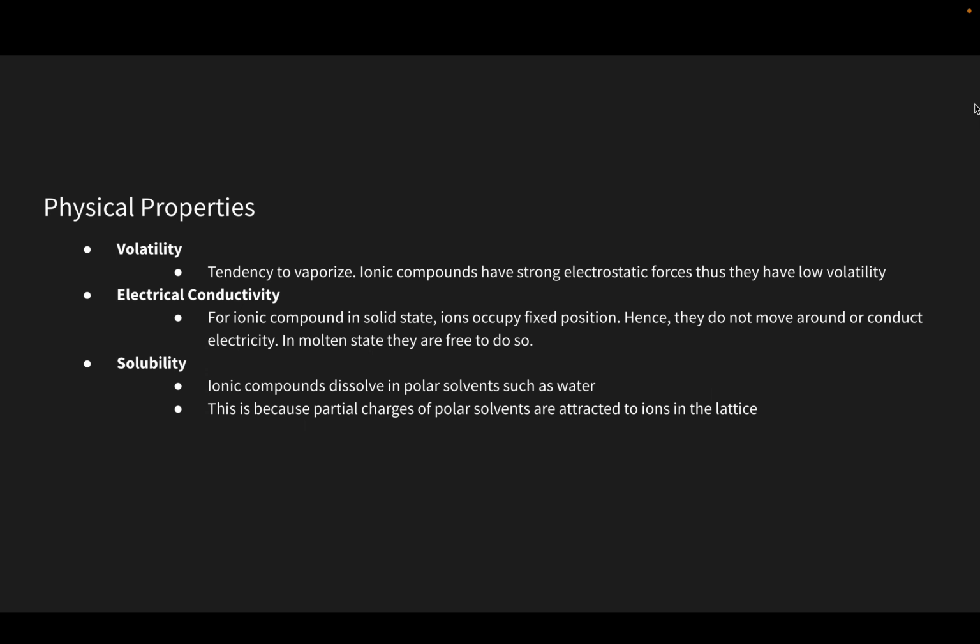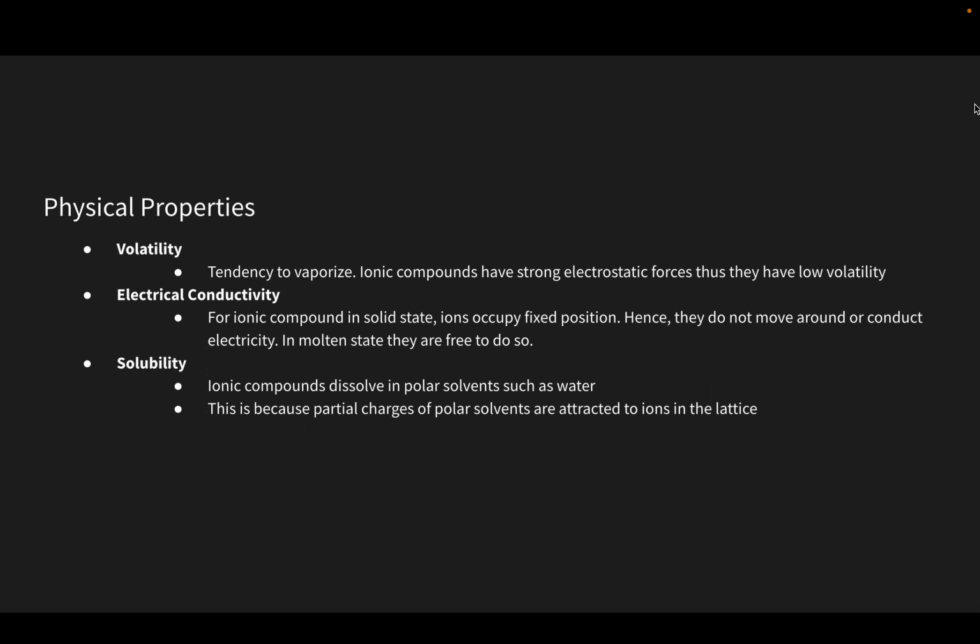So basically, when an ionic compound is in water, water molecules surround, for example, a positive ion, because water is polar itself. So oxygen is slightly more negative, while hydrogens are slightly more positive.